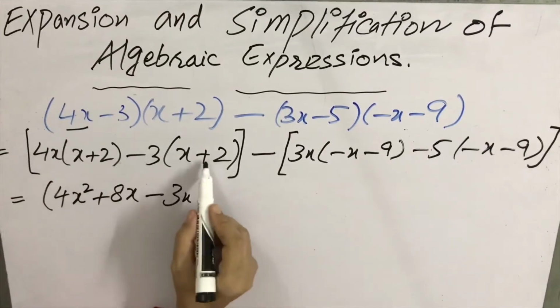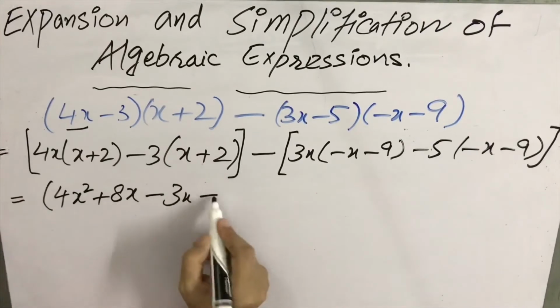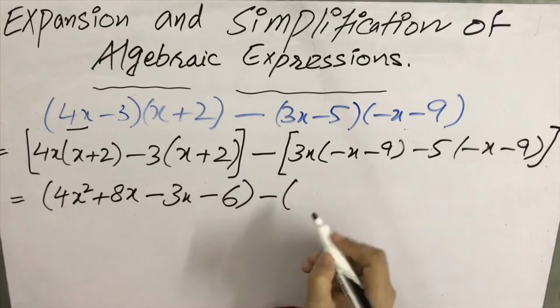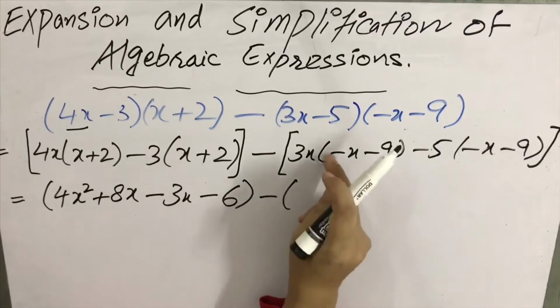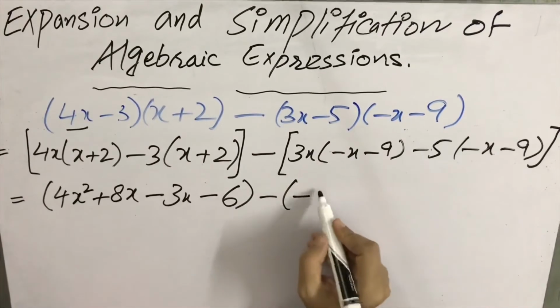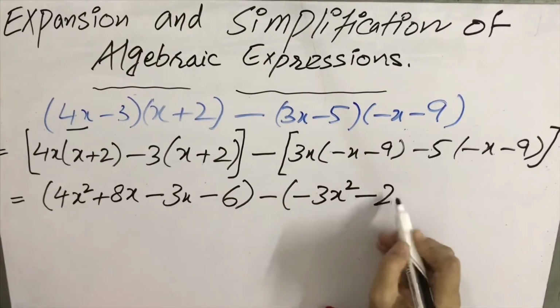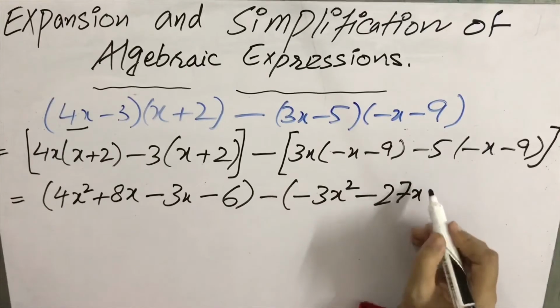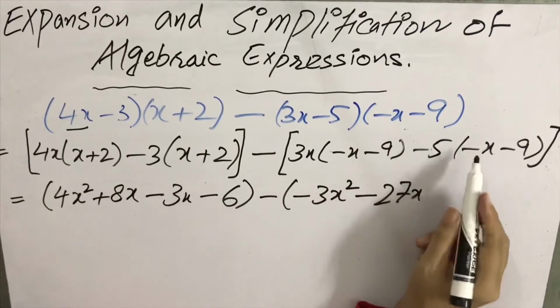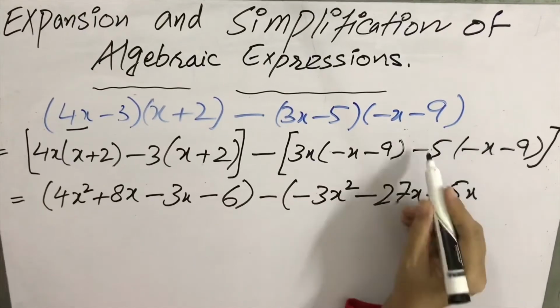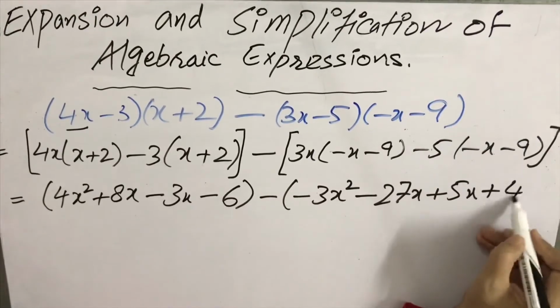This minus sign will change this sign and you will have minus 3 2s are 6. This minus will come here, minus 3x square minus 9 3s are 27x. Minus sign and minus sign both are negative, so we will have positive 5x and again positive 45.